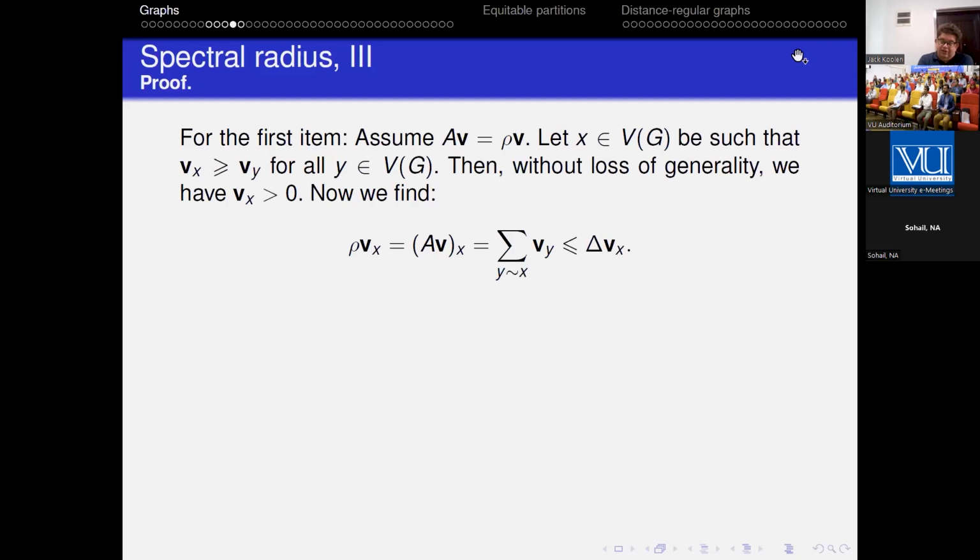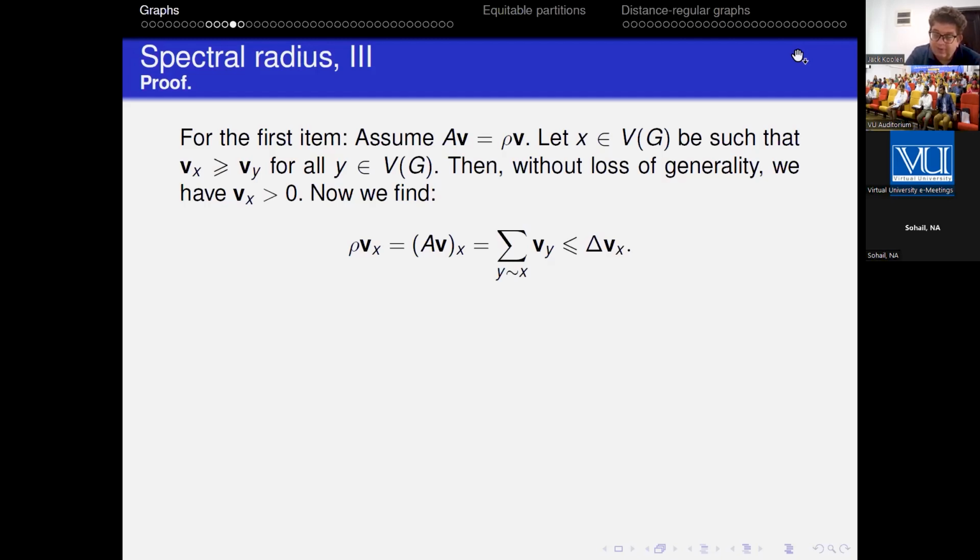So now we find the following equation. Rho times v of x is A v of x, and that is the sum over y adjacent to x of v y, and that is at most delta times v x, because you have at most delta neighbors of x.